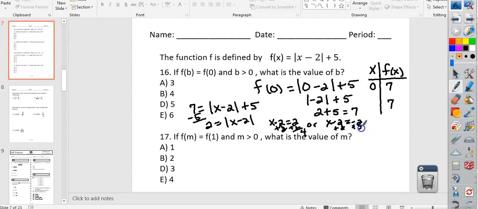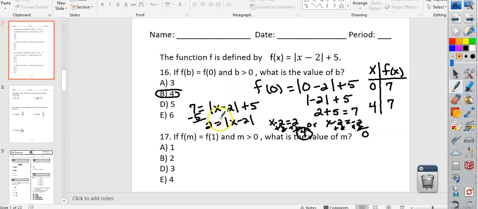Add 2 to both sides, and I get that 0. So there's the 0, and look, the other answer is 4. So I just found the other solution, the other x that when I plug it in would give me a 7. So that's how number 17 will also work.